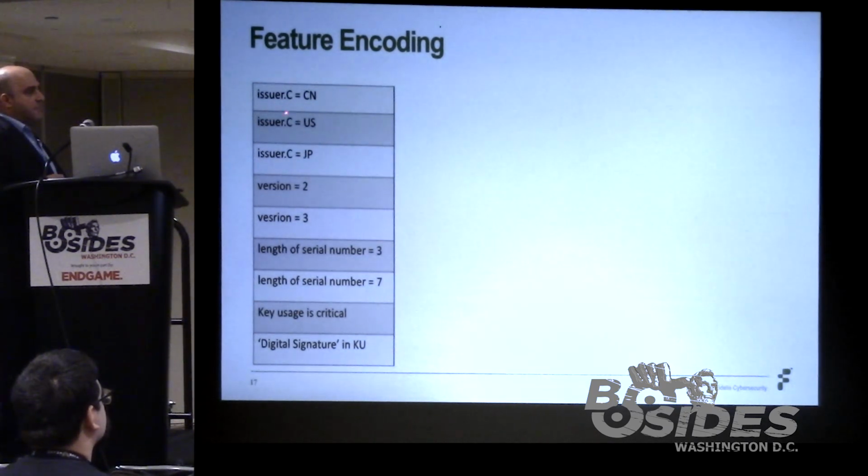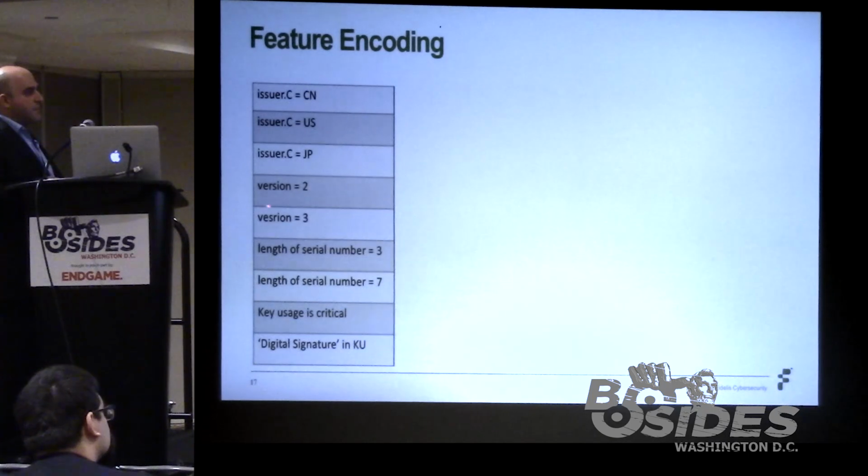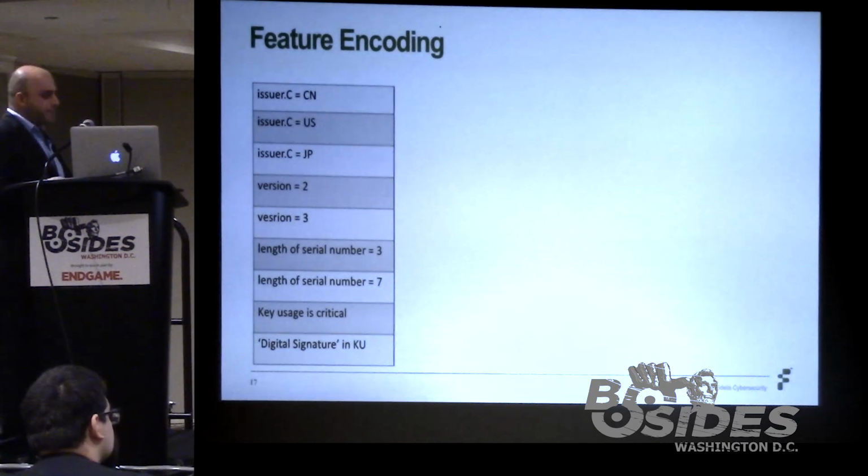So you have some certificates with issuer country China, US, Japan, some certificates with version 2, version 3, length of serial number 3, 7. Some certificates have key usage is critical. Some have this value digital signature in key usage, and so on. So this is a small subset.